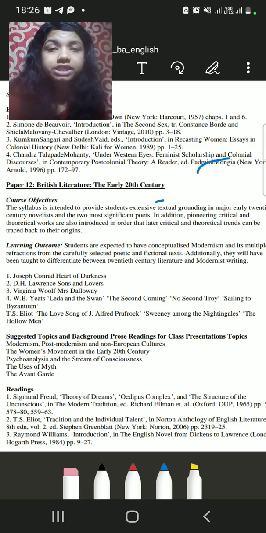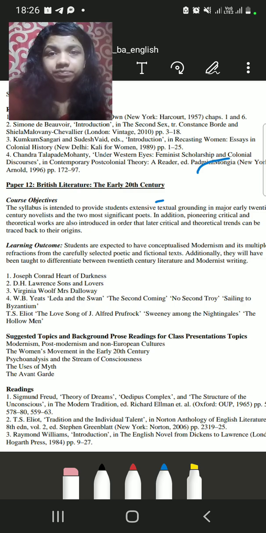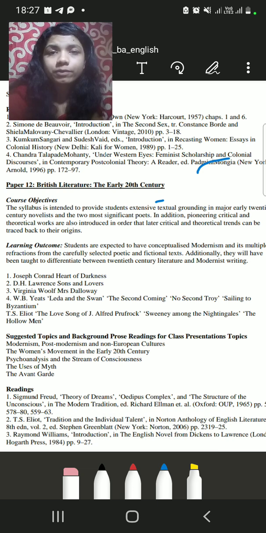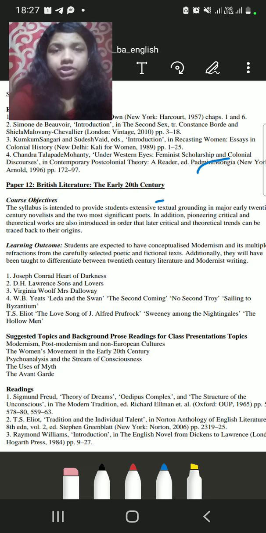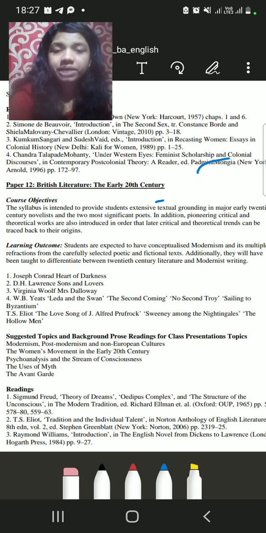So early 20th century, you can understand it's going to cover your modernist literature. Okay. As in 19th century, we have seen it was all about Victorian literature. So in this 20th century, we are expecting modern literature or the beginning of postmodern literature. But roughly, you would be given all the modernist texts. Okay.